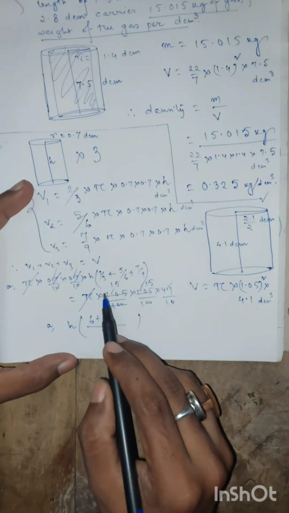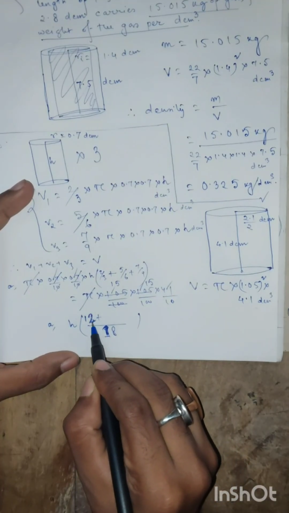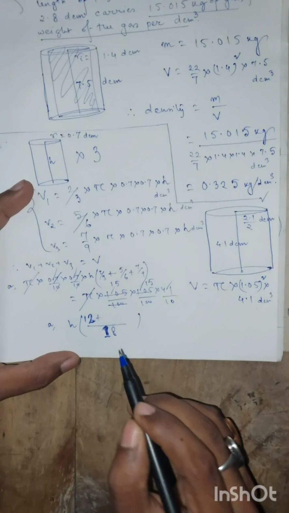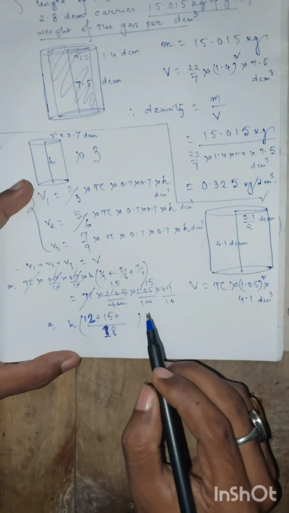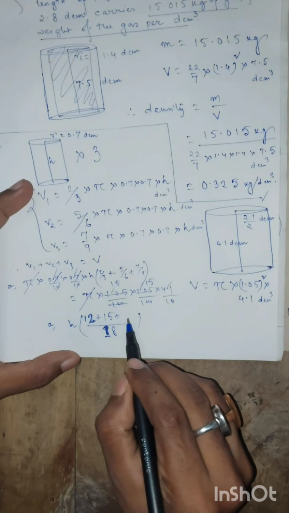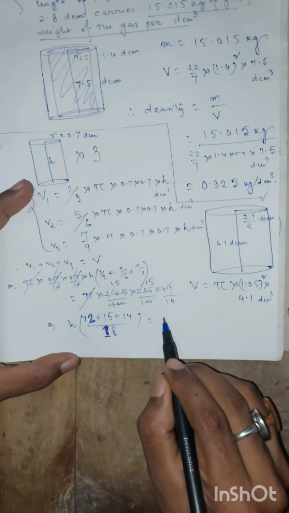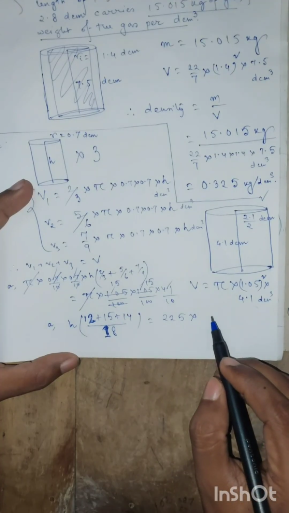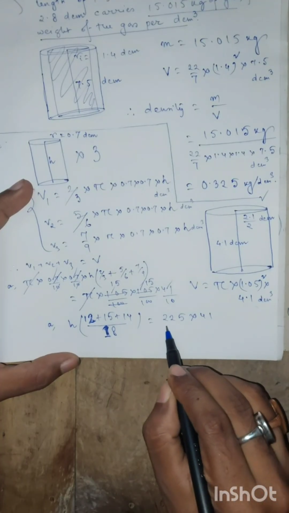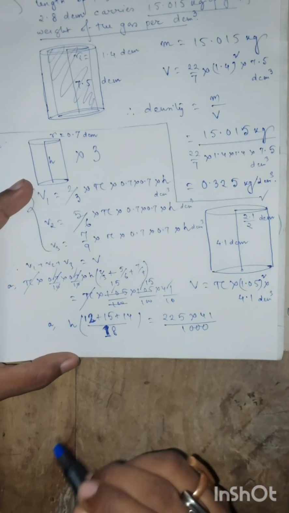So 12, 15, 14 equal to 225 into 41 by 1000.